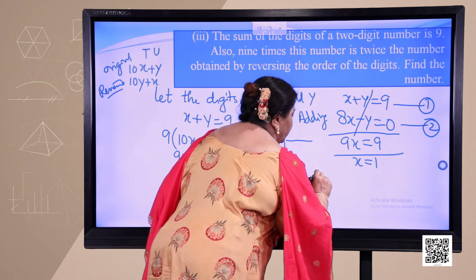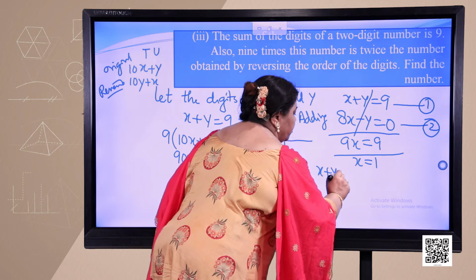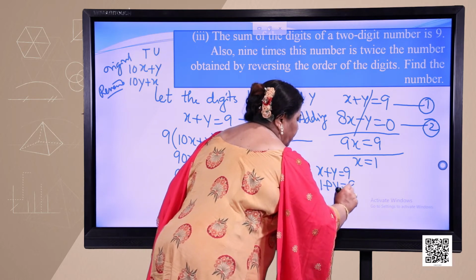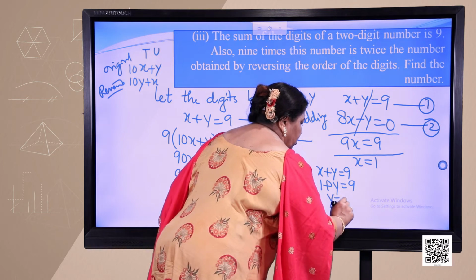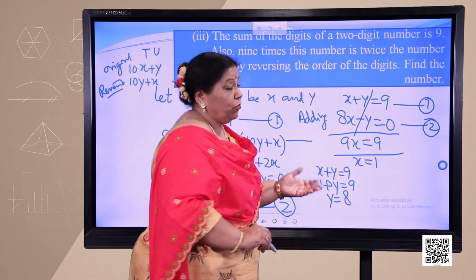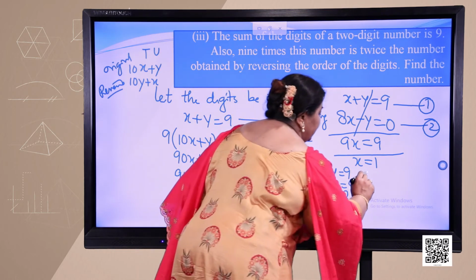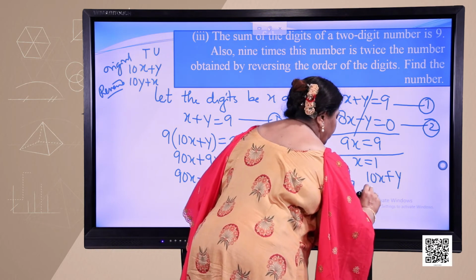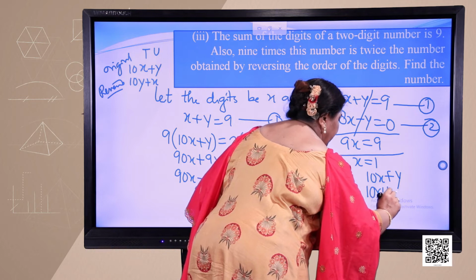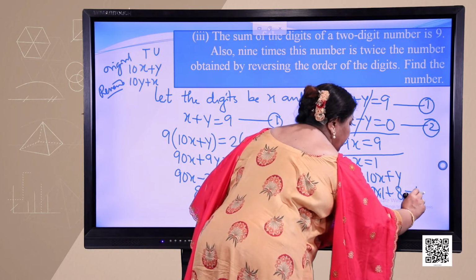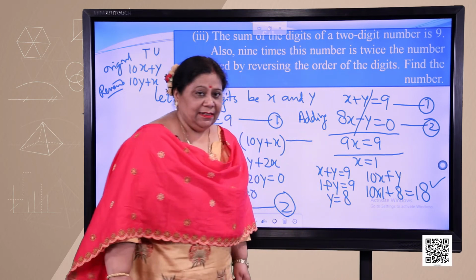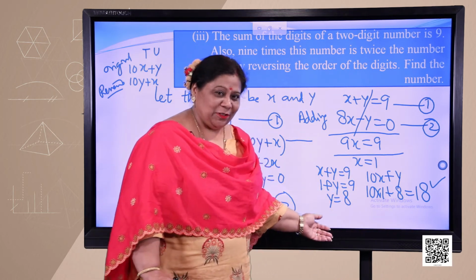If I take any equation, x plus y is equal to 9 and substitute the value, I get y is equal to 8. But what was my 2-digit number? It was 10x plus y. So, 10 into 1 plus 8, that gives me 18. So, my 2-digit number is 18. I hope you have understood this question.